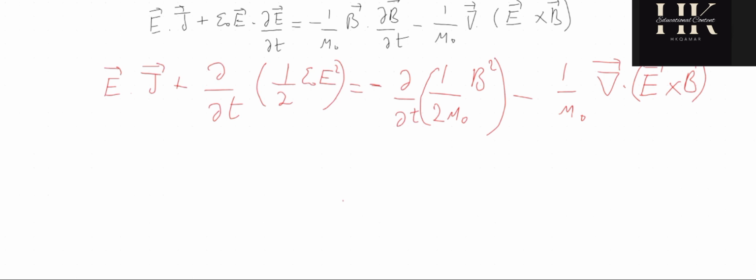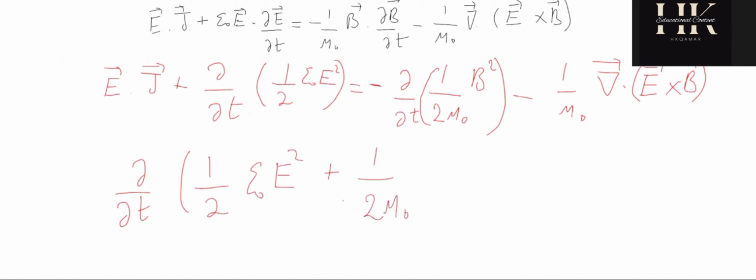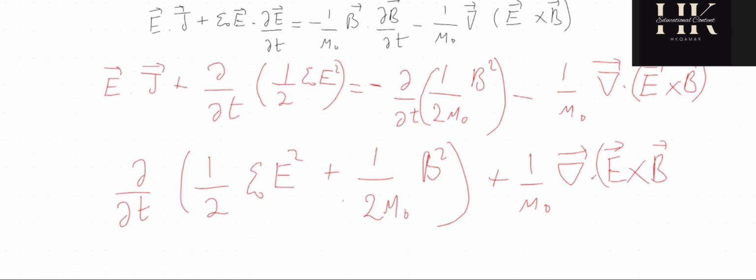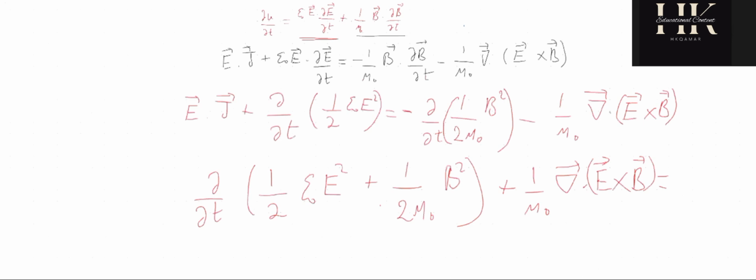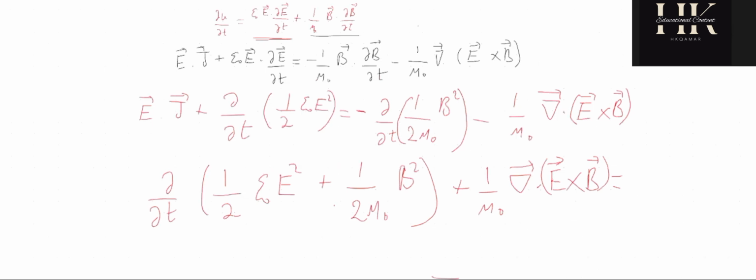So ∂/∂t of (1/2 ε₀E²), and the term from the right comes to the left as positive, ∂/∂t is common, so in the bracket we write 1/2μ₀ B², plus (1/μ₀) ∇·(E×B) is equal to, when E·J is taken on the right, minus E·J.